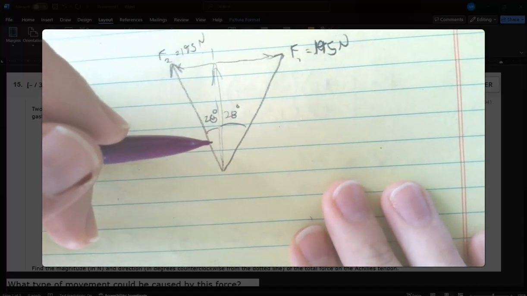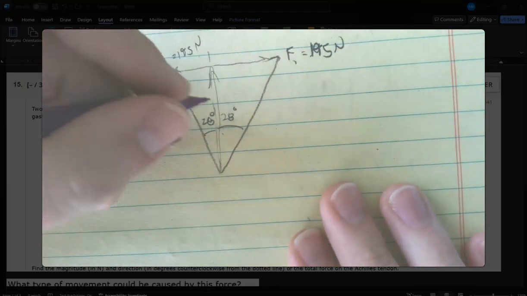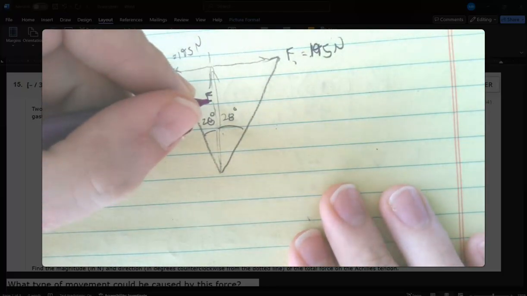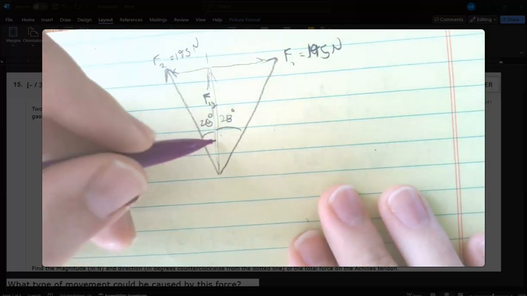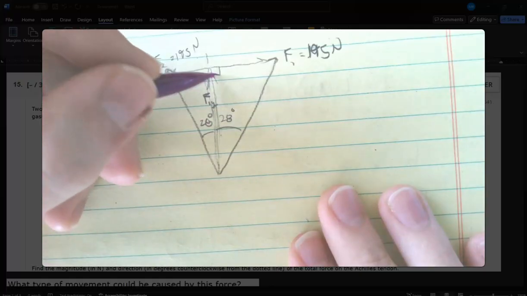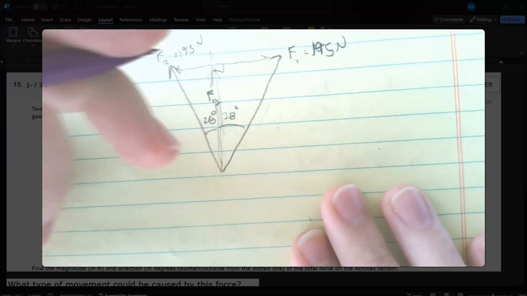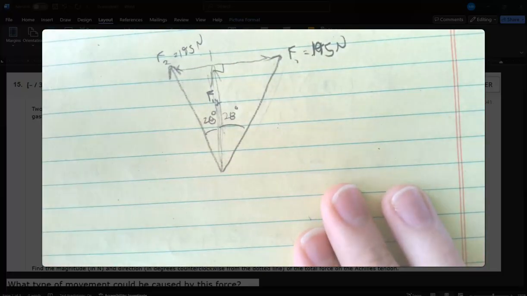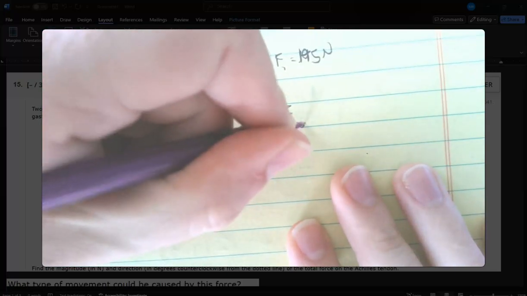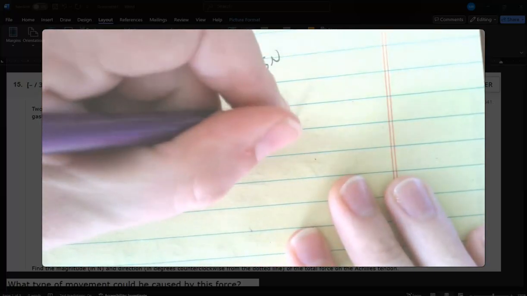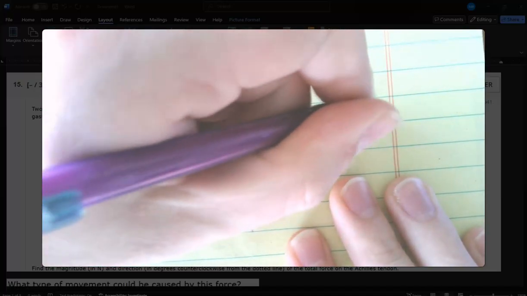Since my angle is with respect to the y-axis, to find the vertical component, I'm looking for this side, which is adjacent to my angle. This is my right triangle, and my force is the hypotenuse. Adjacent over hypotenuse means we use the cosine. So F1y is going to be 195 times the cosine of 28 degrees.